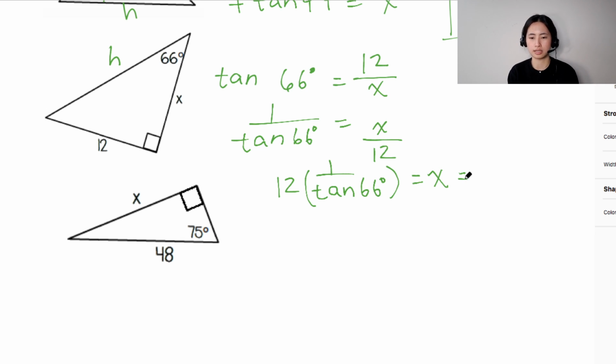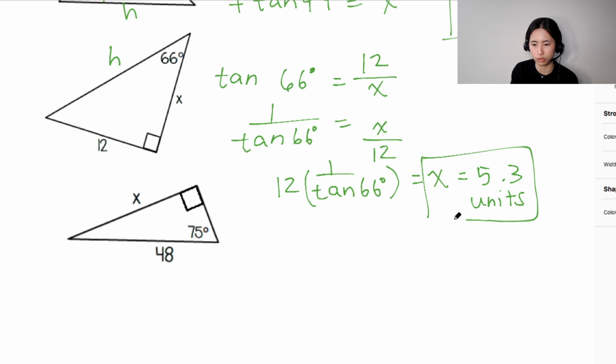So let's see what x is equal to. So I'm just punching this number into my calculator. So 12 times 1 over tangent 66, this is equal to 5.3. 5.3 and units, because we don't know what the units are, right? So we're just going to say x is equal to 5.3 units.